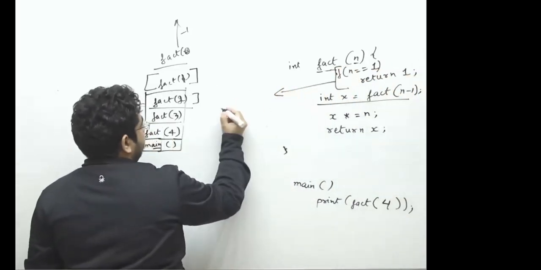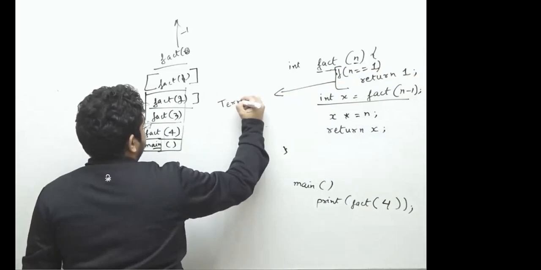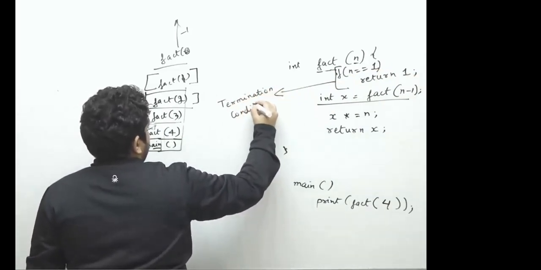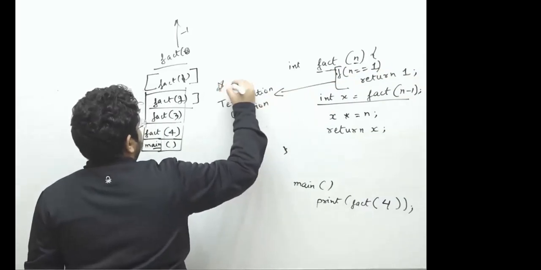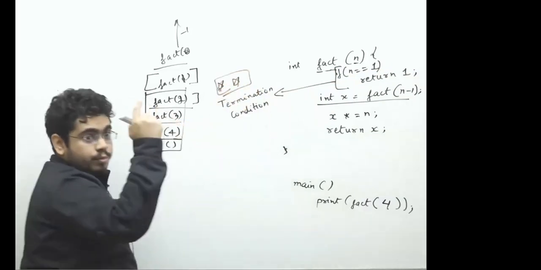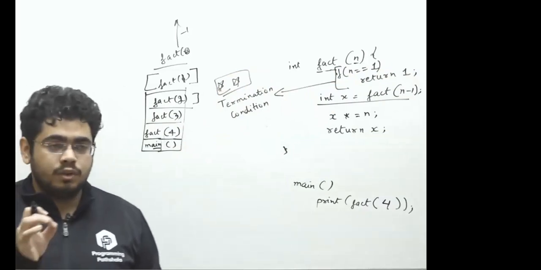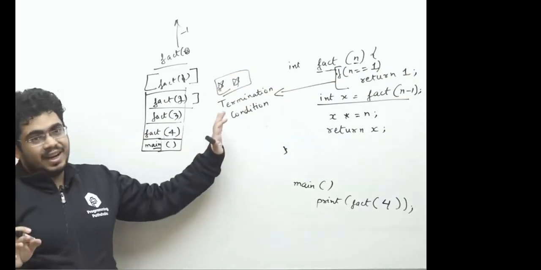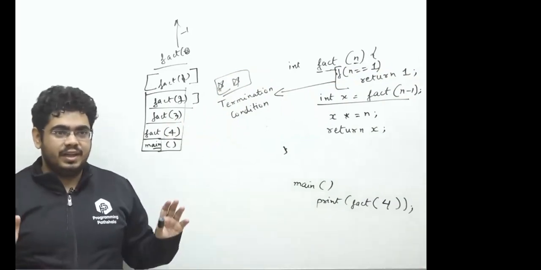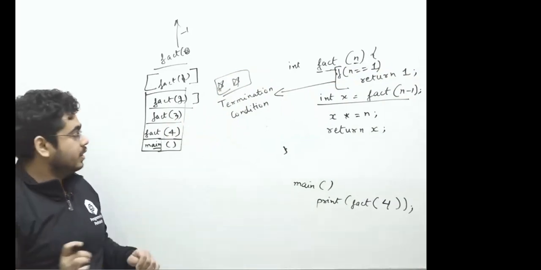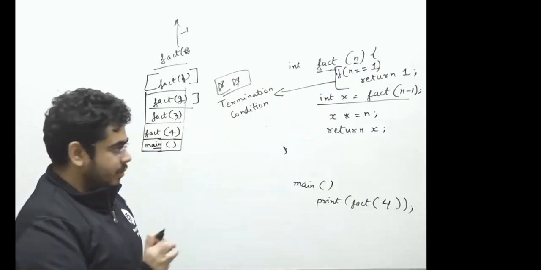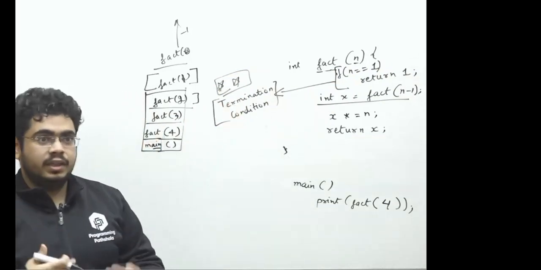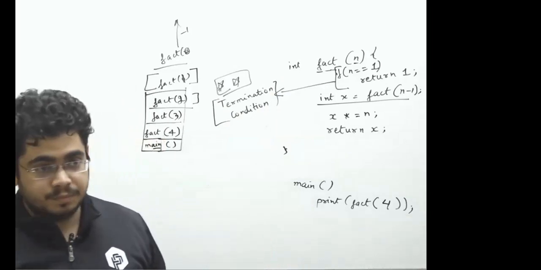This special statement is called your termination condition. And this is very, very important, because if you miss this, your recursion will go into infinite. And believe me, whenever you code recursion, this will happen a lot, that it will say TLE, it will say infinite recursion. If it ever says infinite recursion, that means in some case or the other, there is no termination condition and it is just continuing to go on.